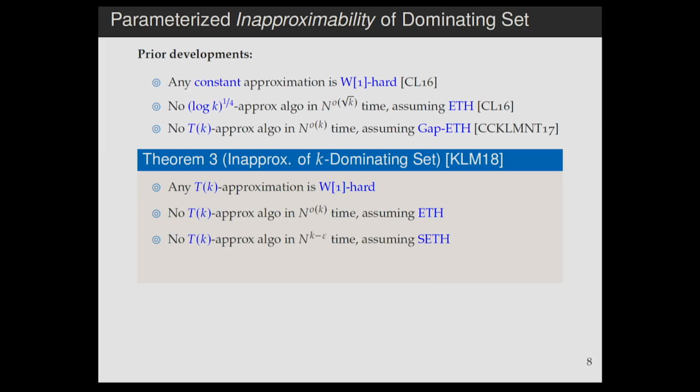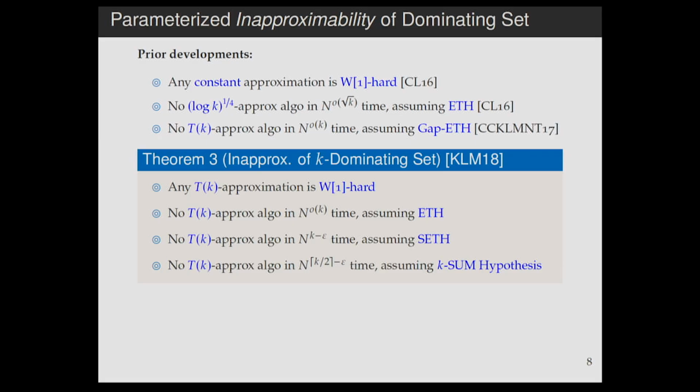Now, if you further assume SETH, we also get a running time lower bound of n^(k-epsilon) against any t(k) approximation algorithm. Note here that under ETH and SETH, the running time lower bound is the same as the exact version, but now it holds even against approximation algorithms for any t(k) approximation factor.